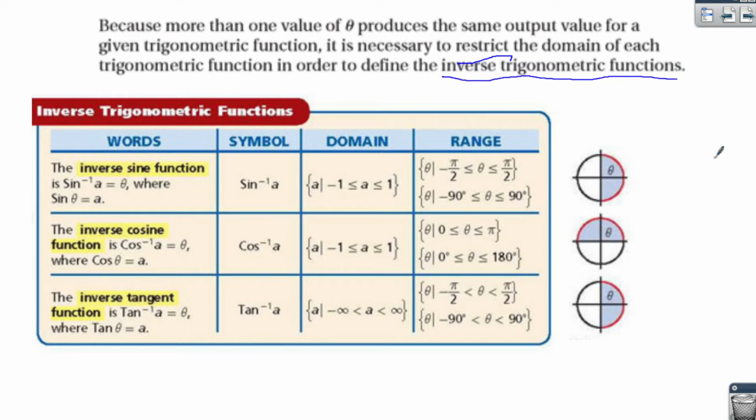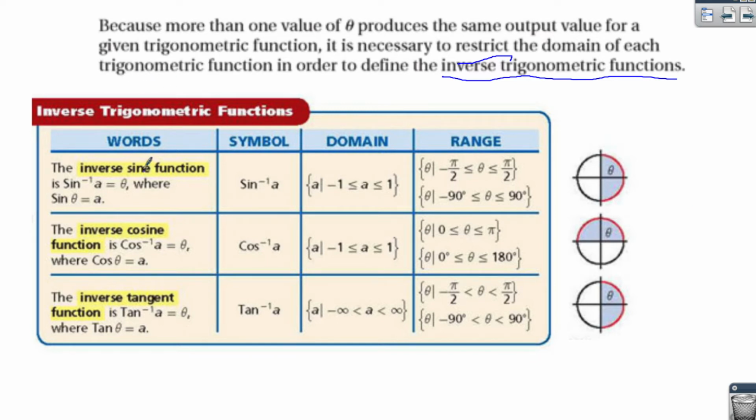That's the only way we can narrow this down. So that's the difference. If you're instructed to find all possible values, then you take note of what we did in the previous slide. However, now that you're talking about inverse functions, you need to narrow it down and follow the specific information on this table. This is one of the things I am asking you to write down in your notebook. It is very helpful to have this available and to refer back to this table.